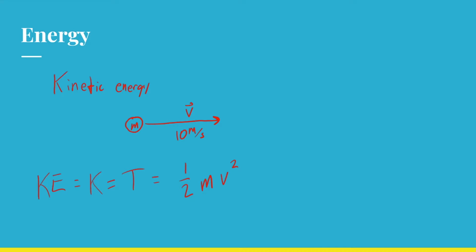But let's say the mass of it is 5 kilograms. Its energy would be 1/2, and I'll plug these in, 5 kilograms, and then 10 meters per second quantity squared. So I'm going to get 250 kilogram meters squared per second squared.